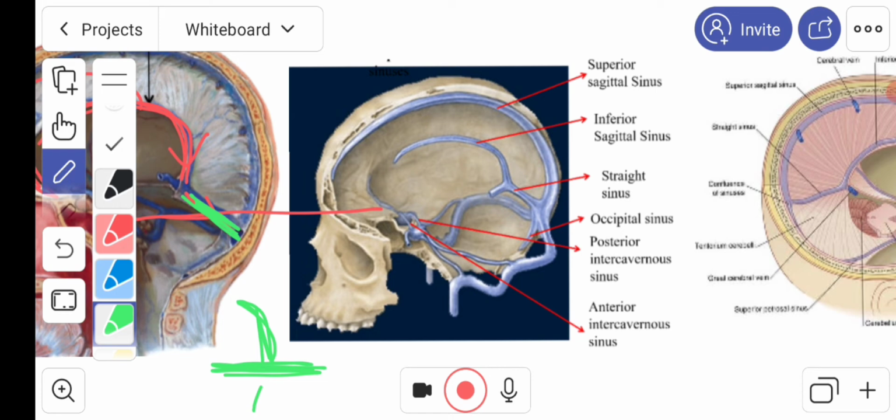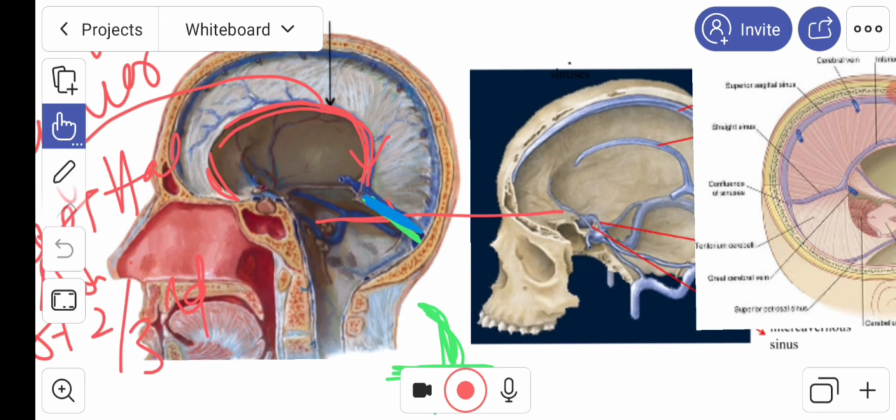So it is somewhat horizontally placed, and the falx cerebri is somewhat placed in the midline. So the straight sinus is situated within the junction of the falx cerebri and the tentorium cerebri.